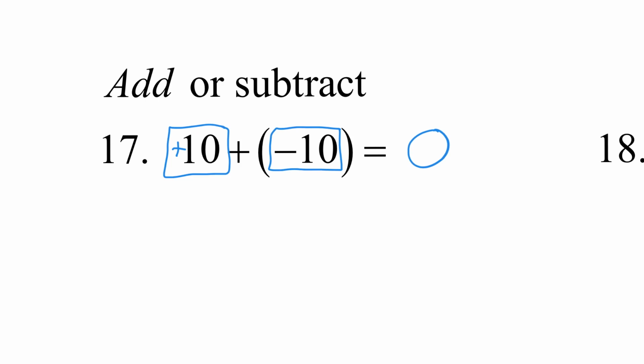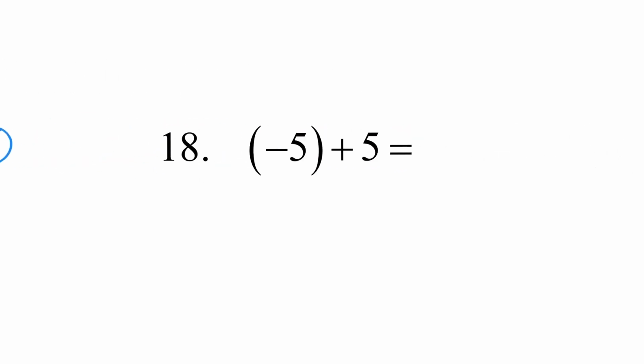Now remember, keep in mind 0 is not negative or positive. It's an actual neutral number, but we do use the number 0. So when you add the additive inverse, you know it's the same number with different signs. Well, you will have 0 for your answer. So this one here, we have a negative 5 plus a 5.